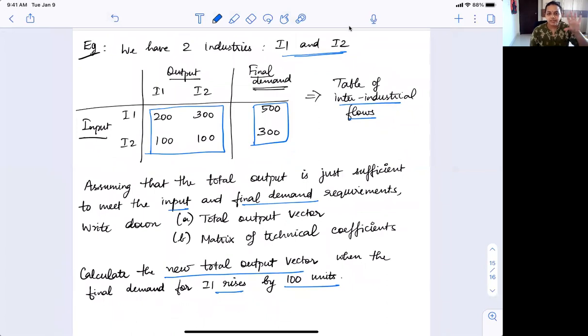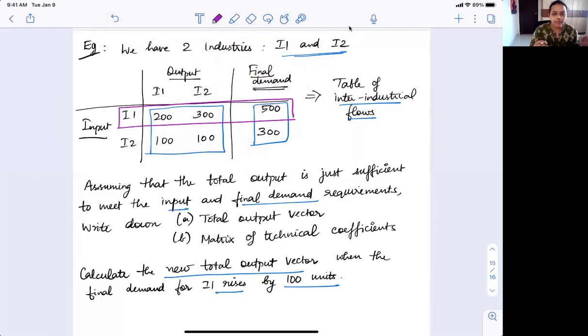We have the inter-industrial flow and the final demand, and we want to compute the total output that is being produced. We are told that the output is enough to meet the input and final demand requirements. Let's think about the first industry. If we focus on the first row here, 200 units of I1 go into producing I1, 300 units of I1 go into producing I2, and then 500 units of I1 meet the final demand.